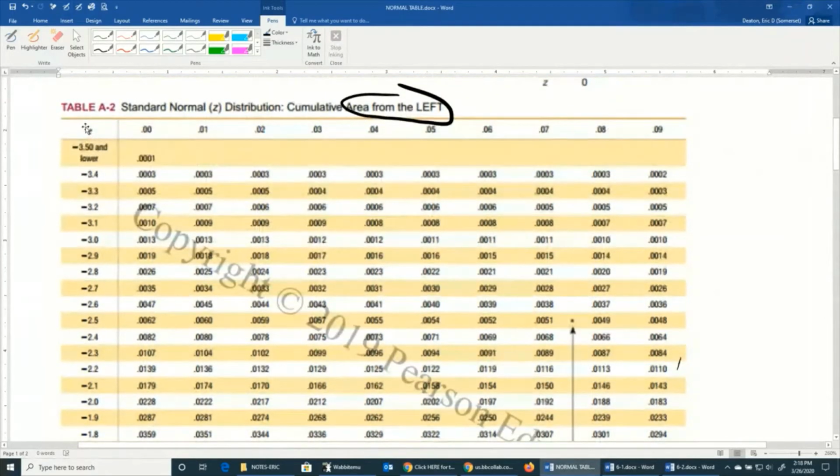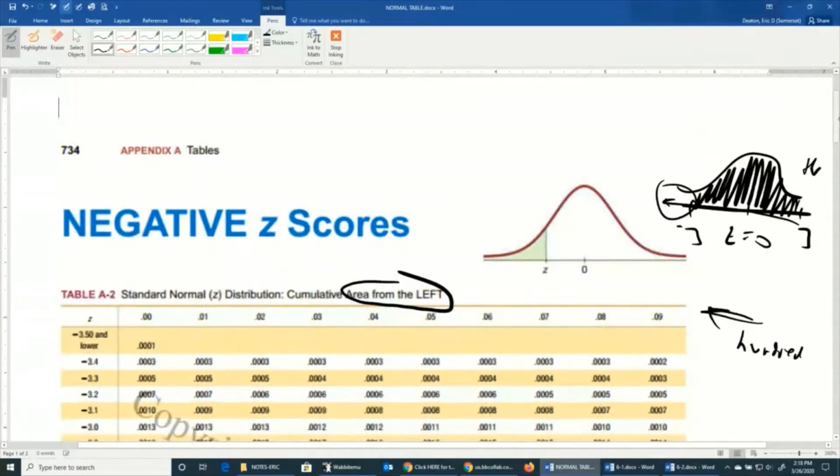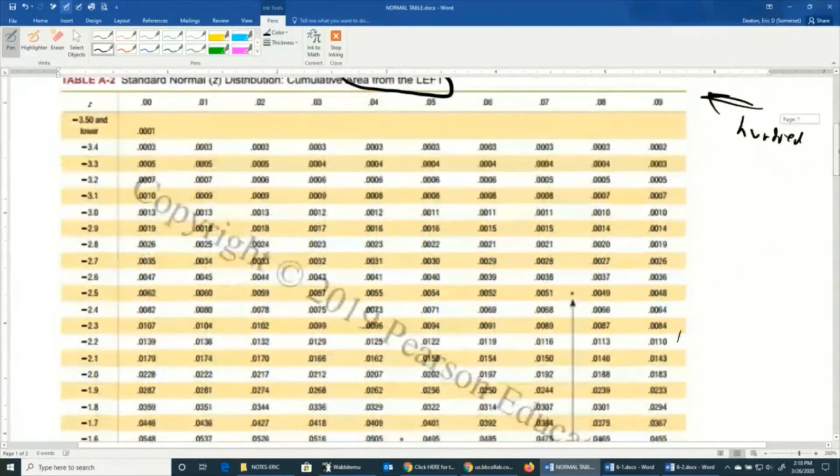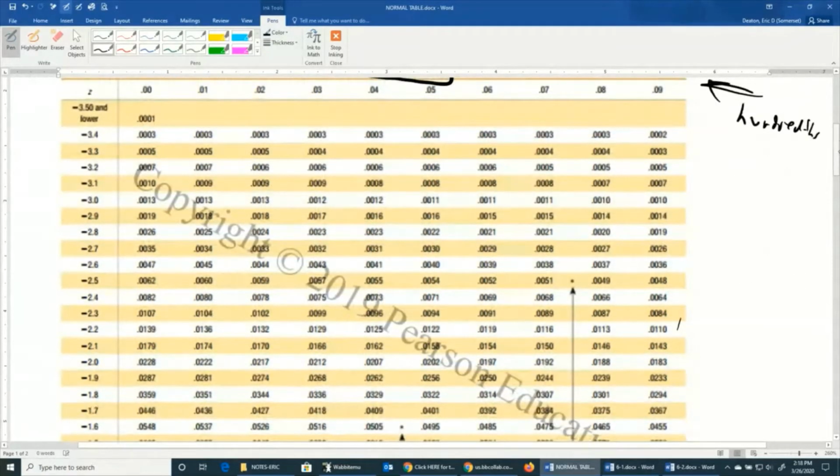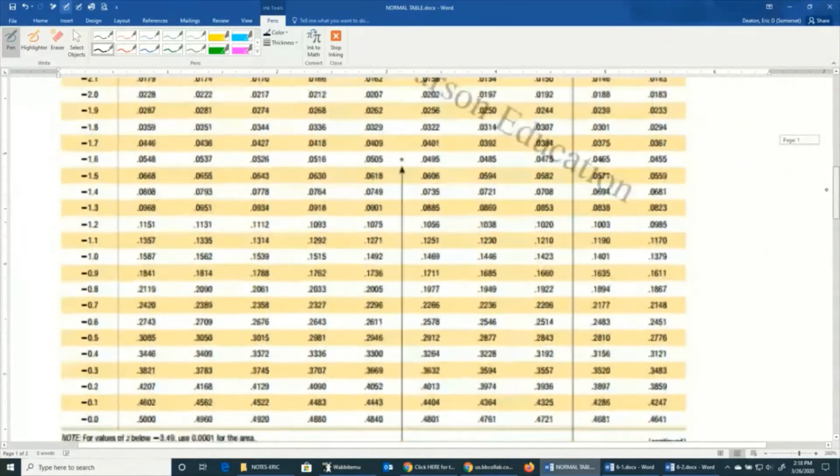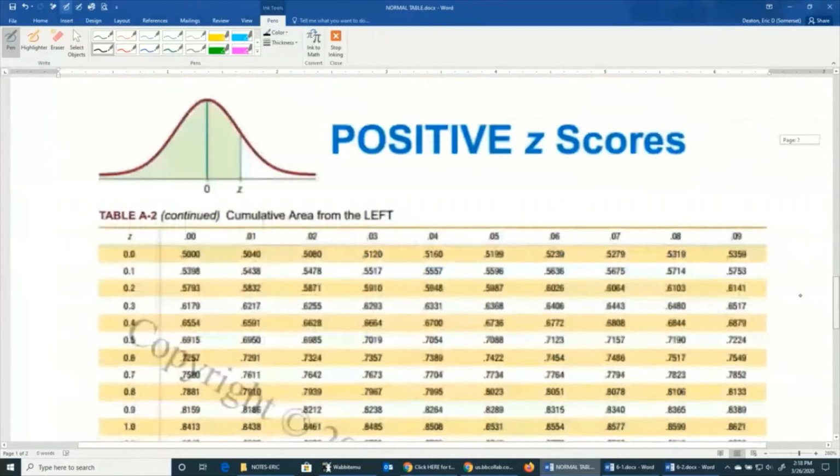Notice up here we have our z, and here we have the ones place and then the tenths place, and up here we have the hundredths place. And so the number we're looking at is 2.45.